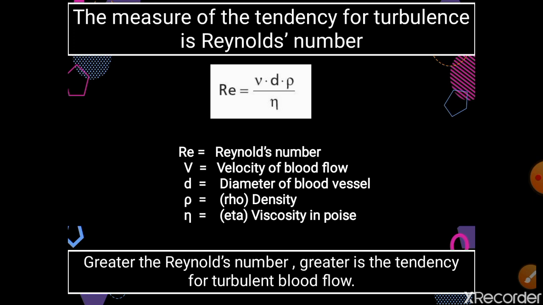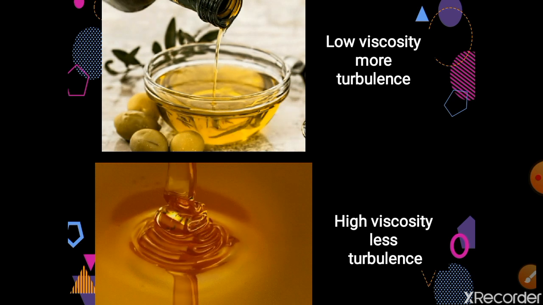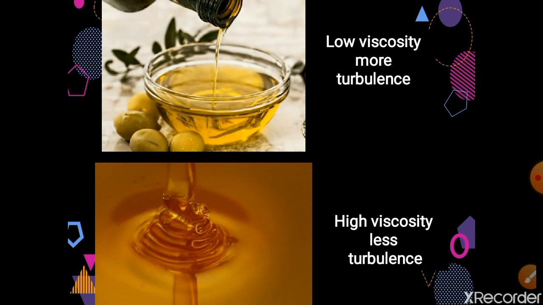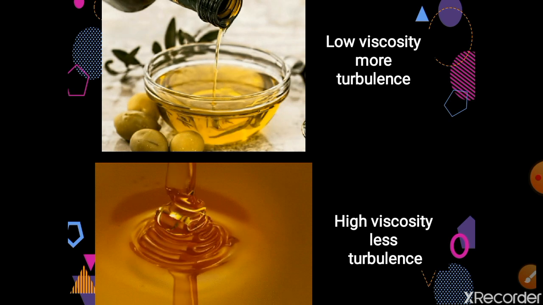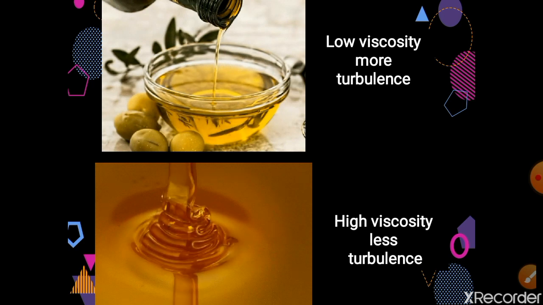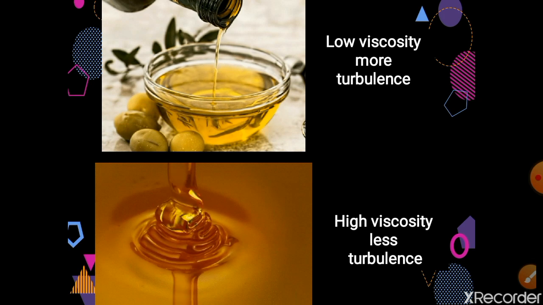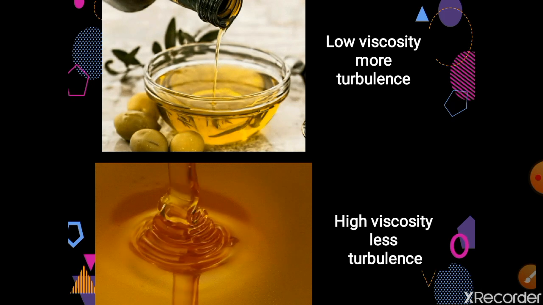To understand this, let's go through an example. Here you can see two fluids. Both of these fluids have different viscosity. The fluid in the first panel is olive oil, which has low viscosity, while the second fluid is honey, which is highly viscous.